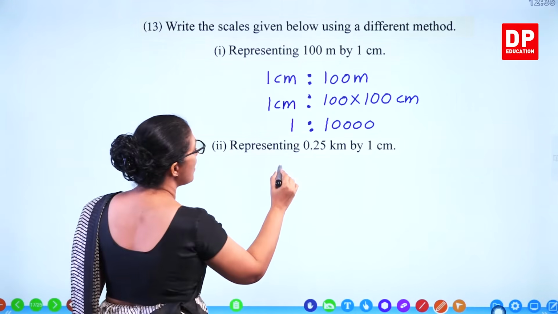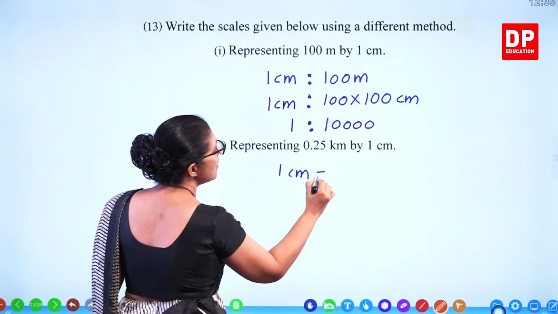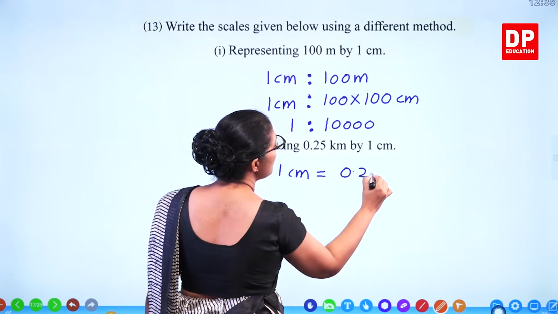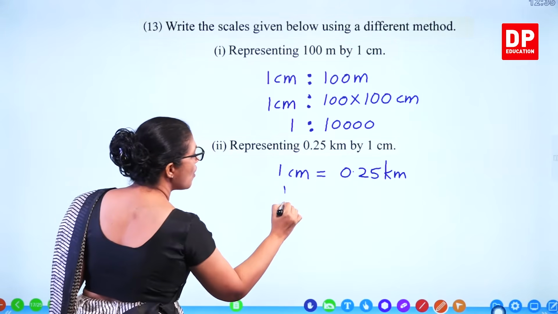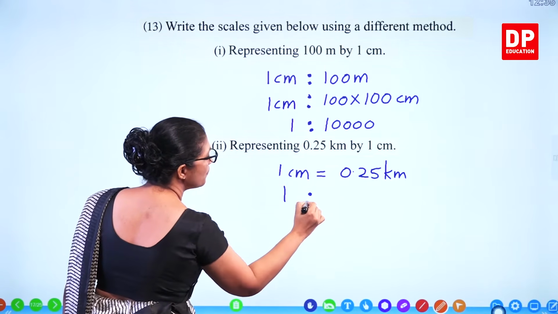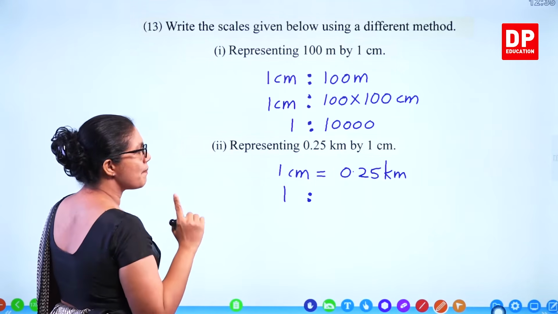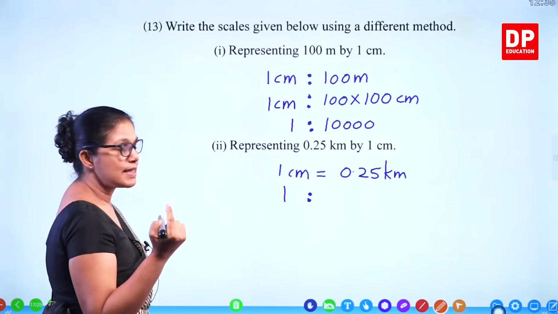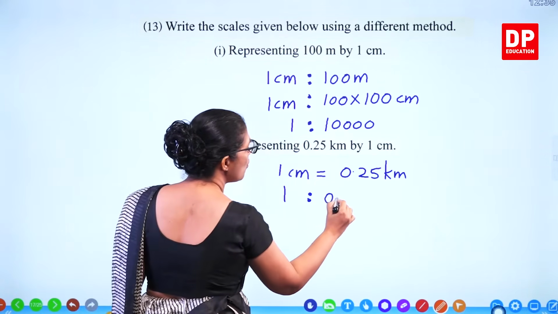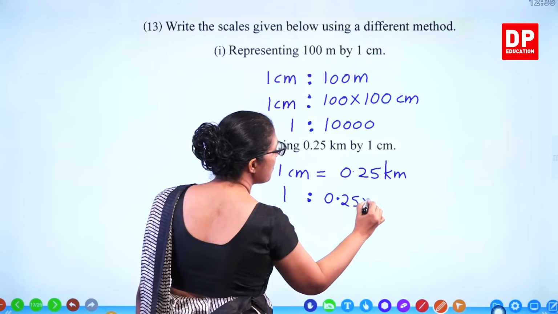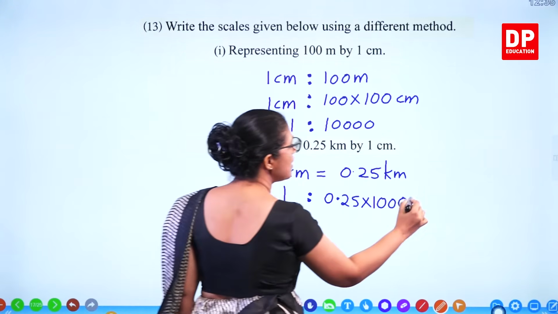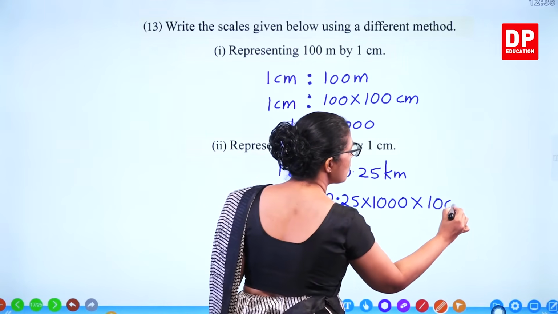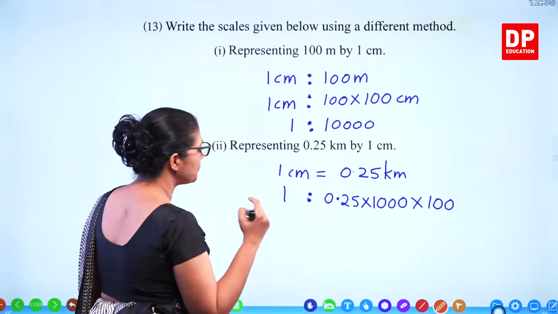Represent 1 centimeter with 0.25 kilometers. So that means you have to convert first to meters and then to centimeters. 0.25 multiply by 1000 to get meter value, and then again 100 to get the centimeter value.